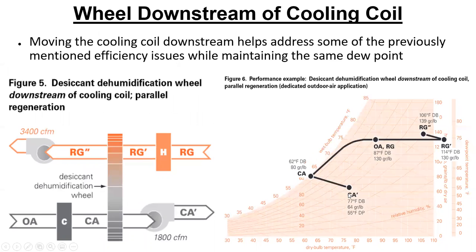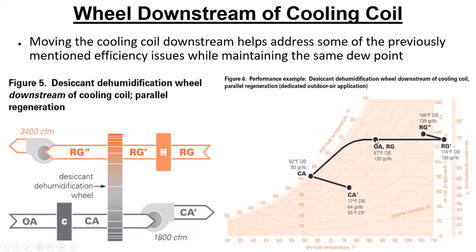All right, so let's change things around a little bit. This is called wheel downstream of cooling coil. Moving the cooling coil upstream helps address some of the previously mentioned efficiency issues while maintaining the same dew point. We still have parallel regeneration. So we're starting at the same point right here.